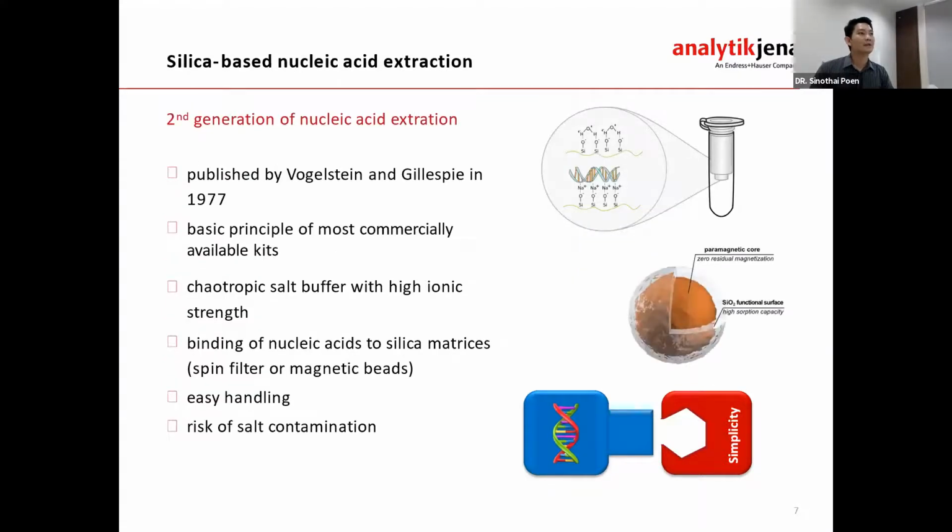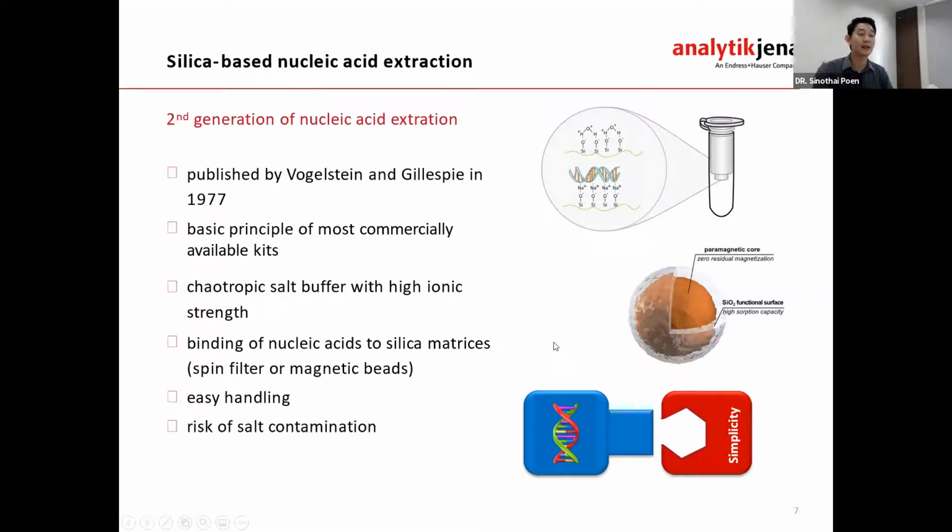The silica-based nucleic acid extraction came later, and it is the basic principle of most commercially available kits in the market. This technology relies on the use of chaotropic salt buffer with high ionic strength to promote nucleic acid binding to silica matrices, which can be in the form of a spin filter, suitable for manual extraction, or in the form of silica-coated magnetic beads, suitable for automated nucleic acid extraction.